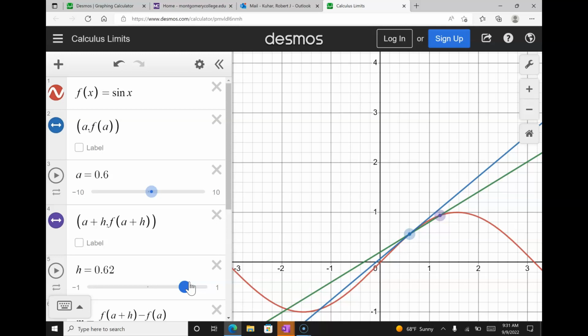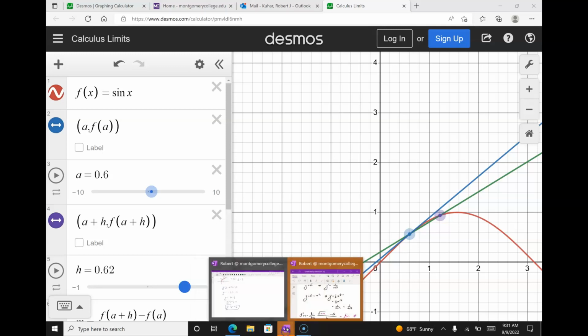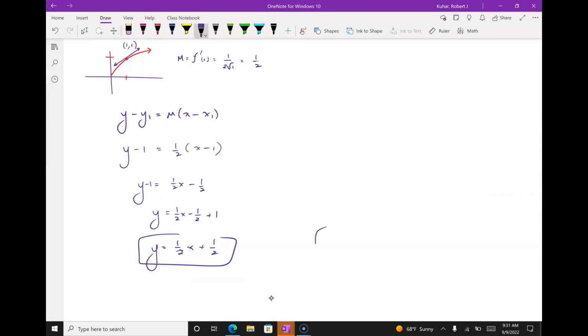Yeah, send it to me via email, right? My email is robert.kuhar at montgomerycollege.edu, right? The rest is the same as yours.